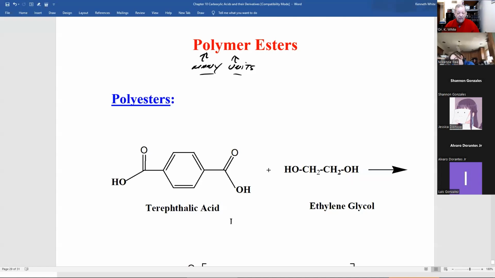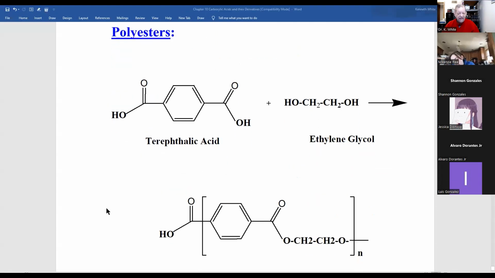And when you react it, this is the molecule you get. This is my repeating ester. And n, how large can n be? 1,000,000. Now that's long.